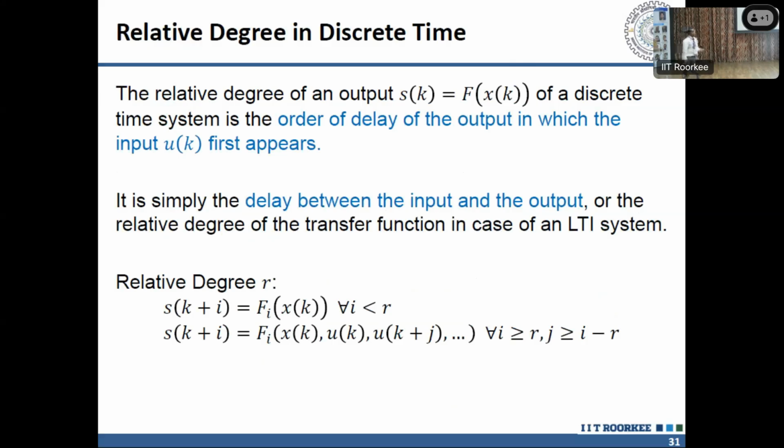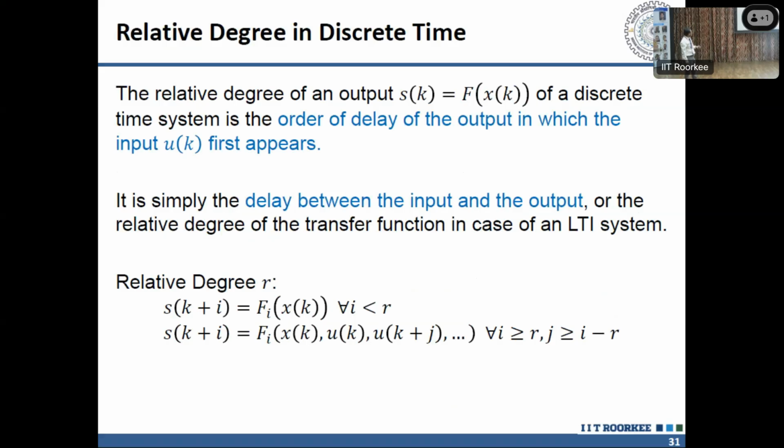If you remember your transfer function, the transfer function also had a definition of relative degree, the same relative degree: the difference between the denominator order and the numerator order. That happens because of this order of delay between the output and the input. If you have a relative degree r, that means s_{k+i} will be some function of x_k for i less than r, and u_k does not appear.